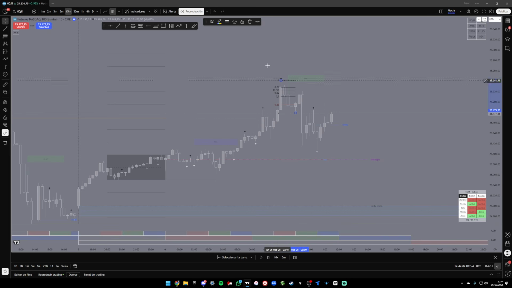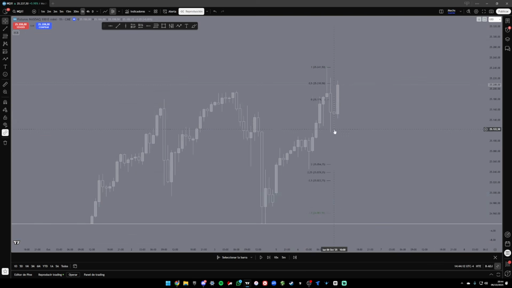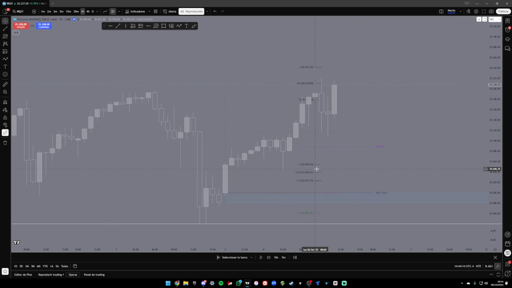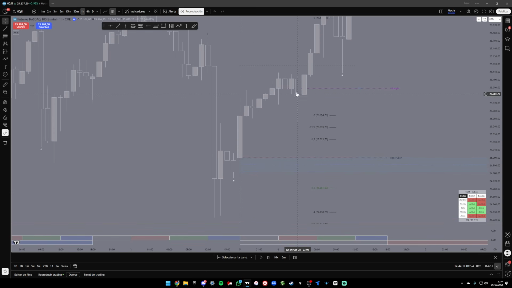Break of structure standard deviation in the 15-minute. And we have -2 aligning with the OTE of this 4-hour wick rejection block. Here we can see that this is a good rejection block.